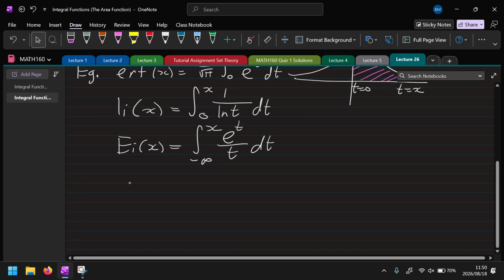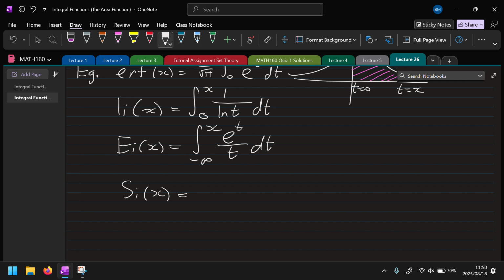Let's do one more example. The sine integral, you definitely see this a whole lot, is equal to the integral from 0 to x of sine of t over t dt. In engineering, that's normally called the sinc function, SINC.